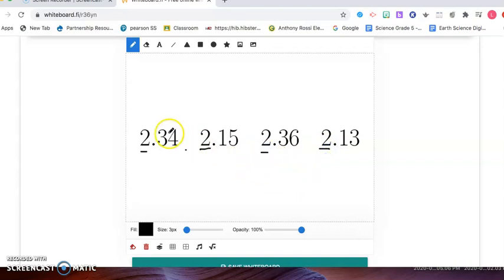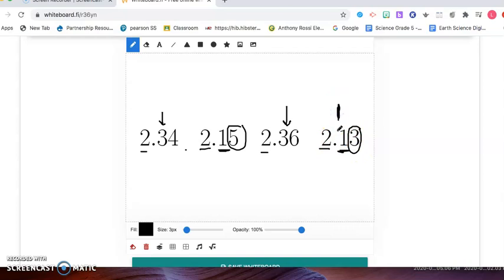But then I notice I have a 3, a 1, a 3, and a 1. So I know 1 is smaller than 3. I'm going from least to greatest. 1 is smaller than 3. So I want to look at my 1's first. I see a 5, and I see a 3. So this 3 is definitely the smallest.